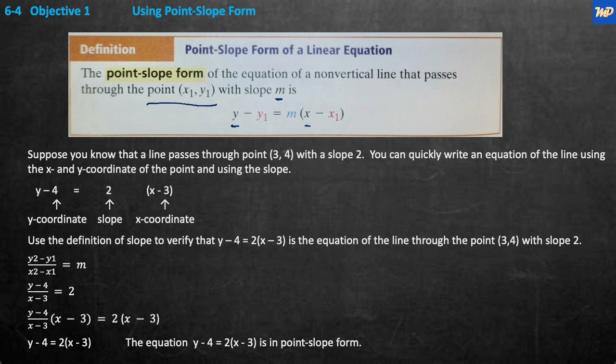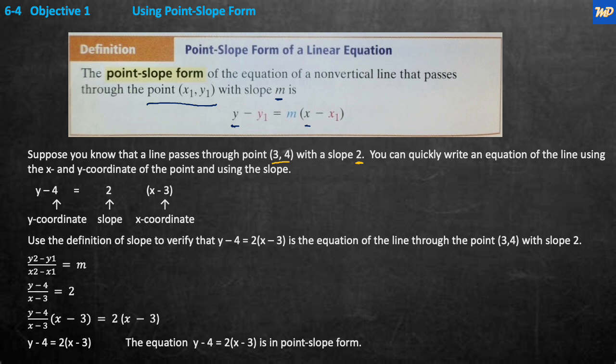Okay, so let's try one here. Suppose you know that a line passes through the point 3 comma 4. The 3 is the x, the 4 is the y value, and a slope of 2. So you can quickly write an equation of the line using the x and y coordinates of the point and the slope.